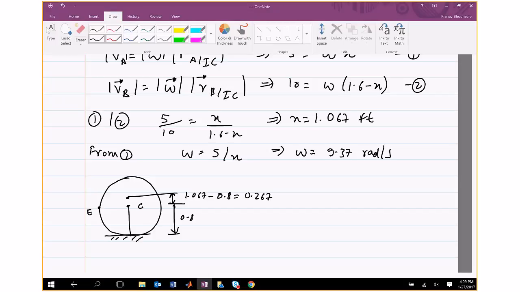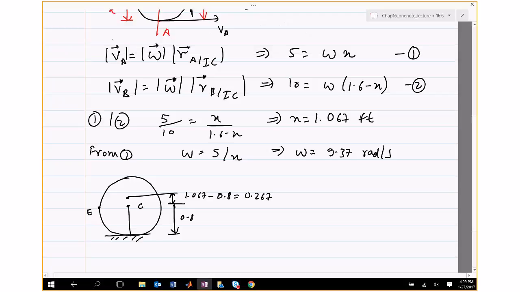All I need to do now is use that to find the velocity of point E. So E is on the circumference of the circle in line with the center C. IC is the point where the velocity is 0, right?